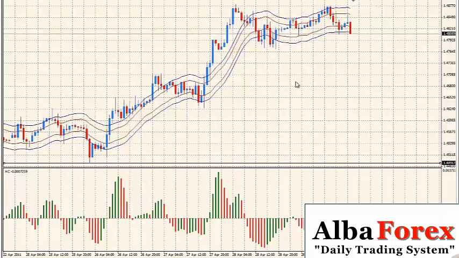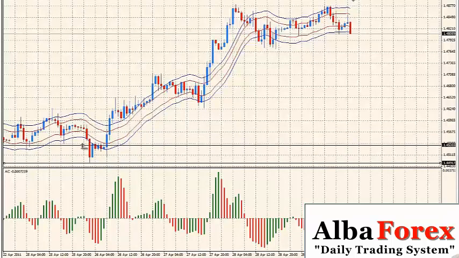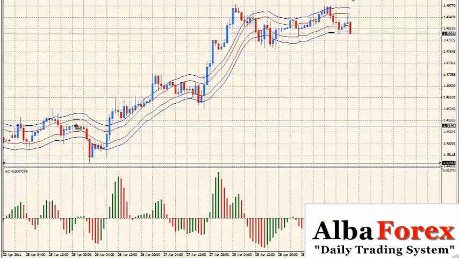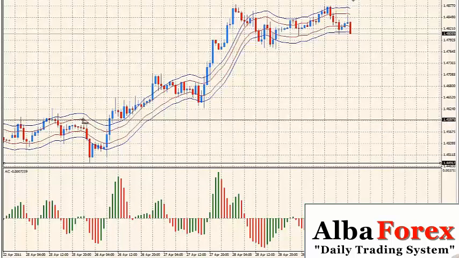Now the take profit target can be done a couple of ways. You can target somewhere on a previous high, like this one around here, so you can place it around about there.